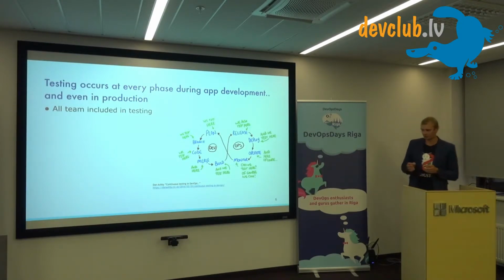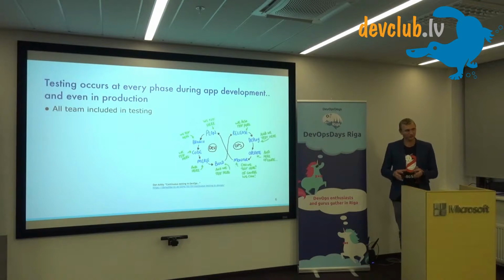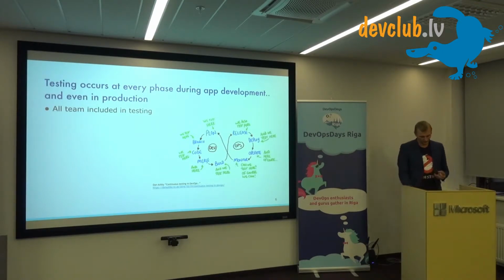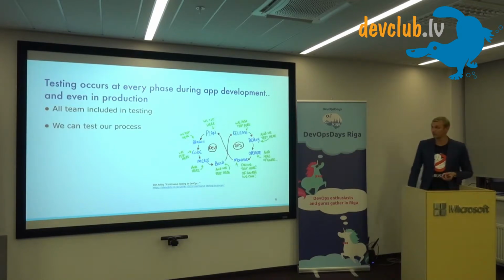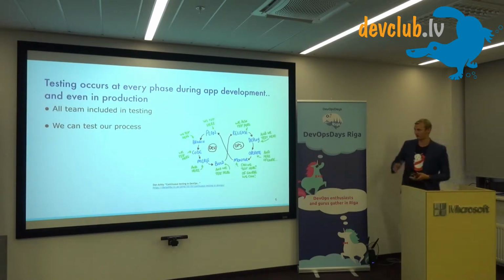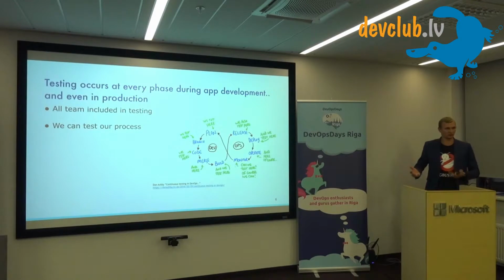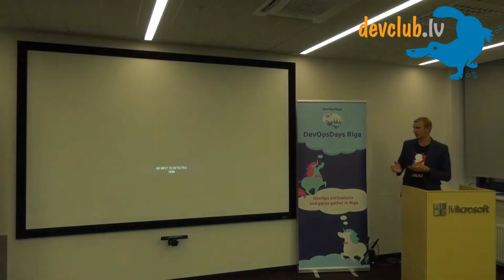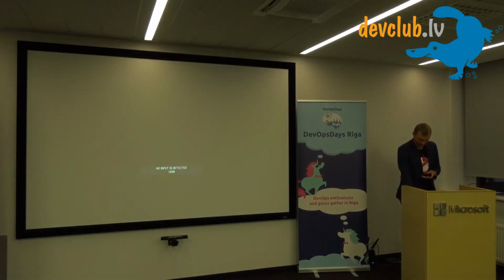Not only the QA who is testing some development outcomes is responsible for that, but we can also test our process. Let's say we can test how we are releasing our product to production. We can check if the release process is correct, and if there could be some improvements in that.